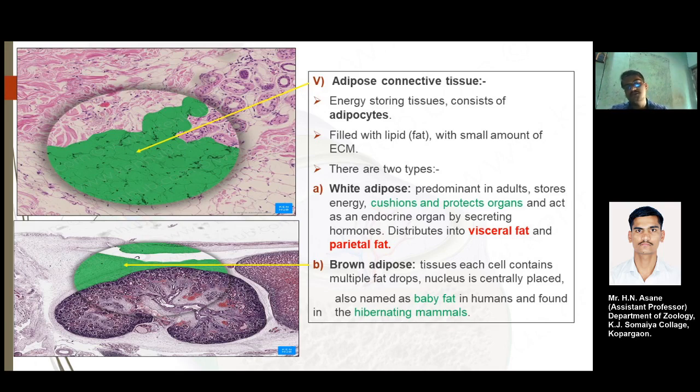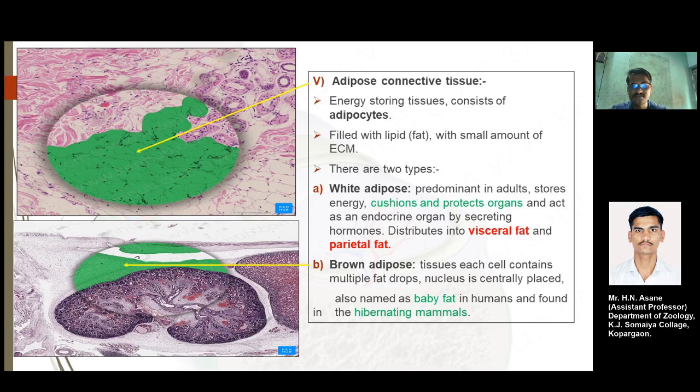But in the brown adipose tissues, there is more than one, multiple fat droplets, forming micelles in the brown adipocytes.